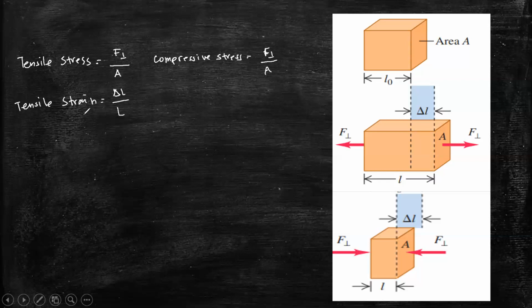So in tensile strain, since we stretch the material, our elongation is positive. While for the compressive strain, since we compress the material, we have an elongation or change in length, a negative value.